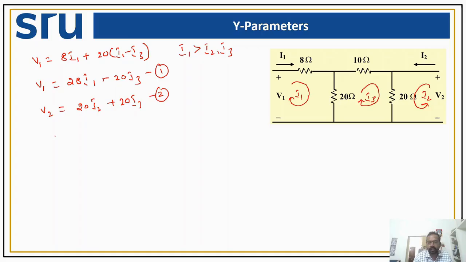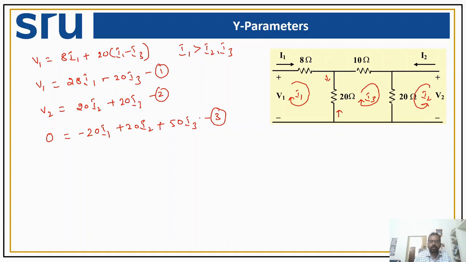For my third equation, there is no voltage rise in this mesh, so it is 0, and minus 20 I1, because the current flowing through this 20 ohm due to I1 is from top to bottom, whereas I3 is going from bottom to top. So it is minus 20 I1 plus 20 I2, plus the current I3 flowing through 10 ohm, 20 ohm and 20 ohm. So 20 plus 10 is 30, 30 plus 20 is 50. So it is 50 I3. Let us assume this is equation 3.